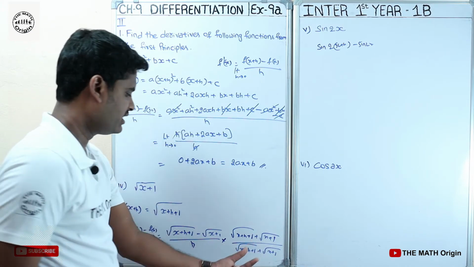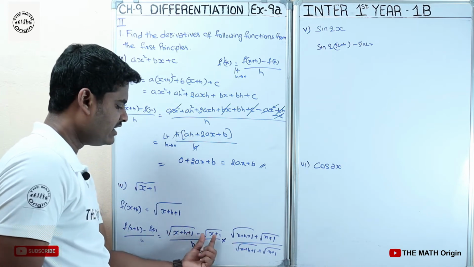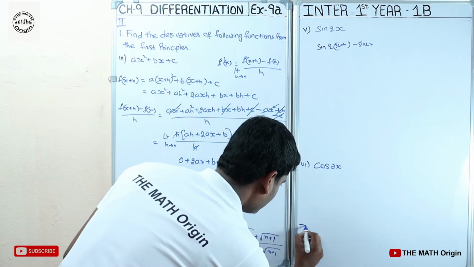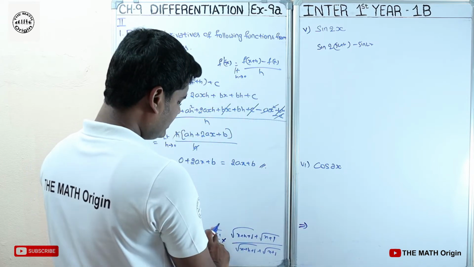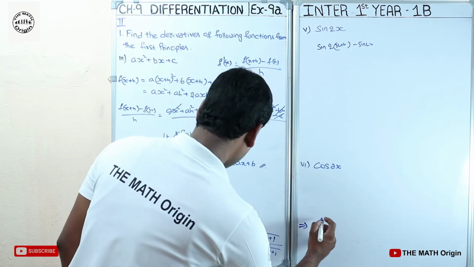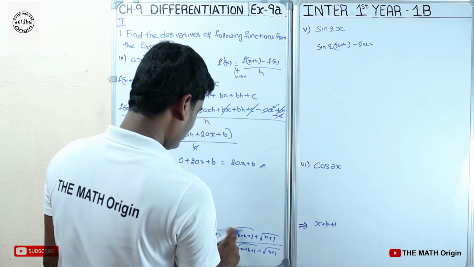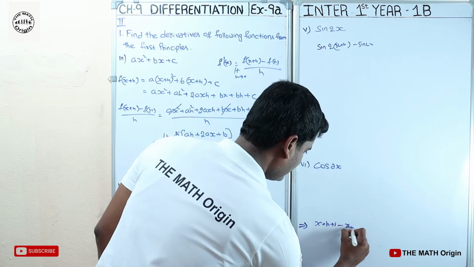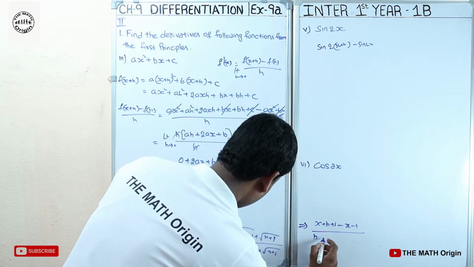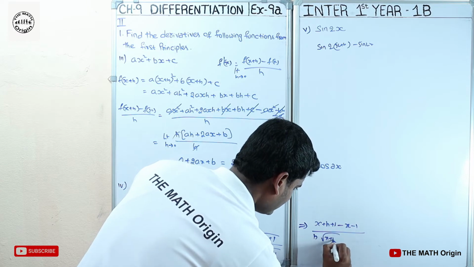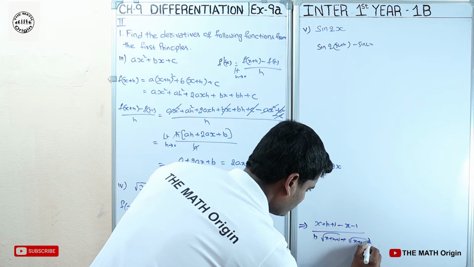Okay, I will continue here with this value. So the numerator is a minus b into a plus b, which is a square minus b square, which is (x plus h plus 1) minus (x plus 1), divided by h, this one as is, and the remaining was root of (x plus h plus 1) plus root of (x plus 1).